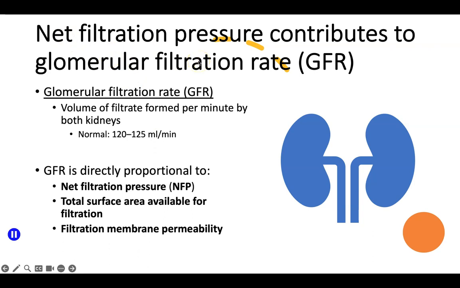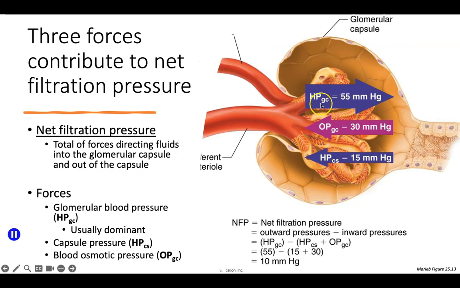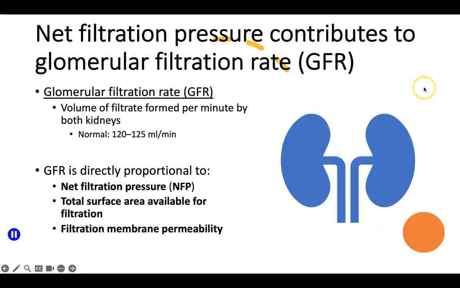Say if this glomerular hydrostatic pressure increases, or let's say that the capillary osmotic pressure or the capsule hydrostatic pressure decreases, you're suddenly going to get a higher glomerular filtration rate. So net filtration pressure contributes to that.